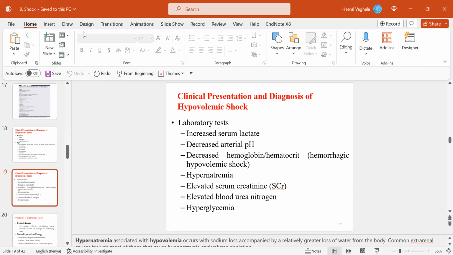Oh, that's the Ringer's lactate. It's used to decrease metabolic acidosis. The fluid therapy works by decreasing the metabolic acidosis that was led by the compensatory mechanism.